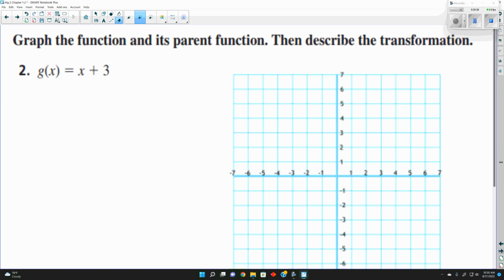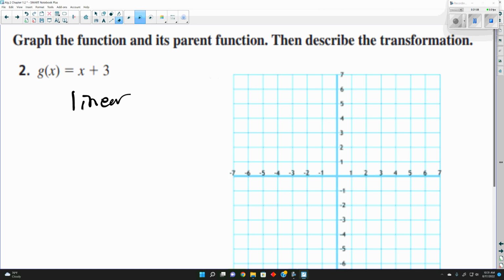All right. So what's the parent function for this one here? Linear. And how was this one moved? Are there any negatives in front of the x or parentheses? No. So is it going to be reflected? No. Okay. We do have the +3, yes?